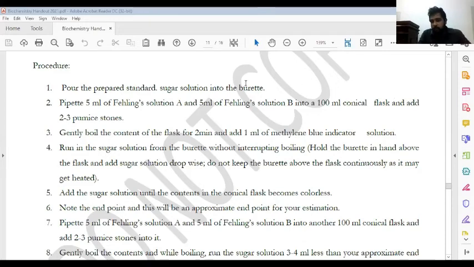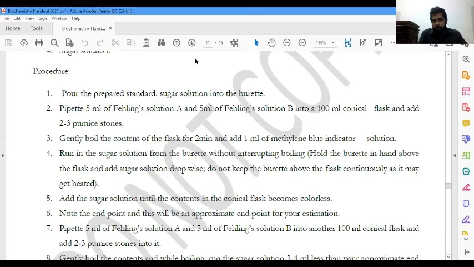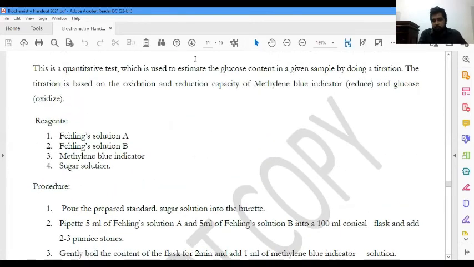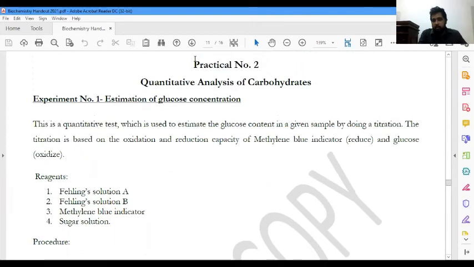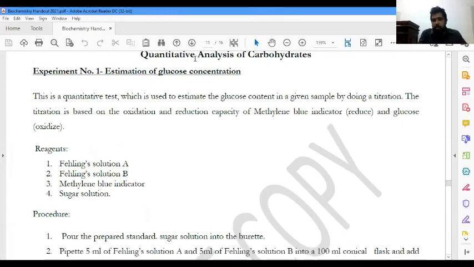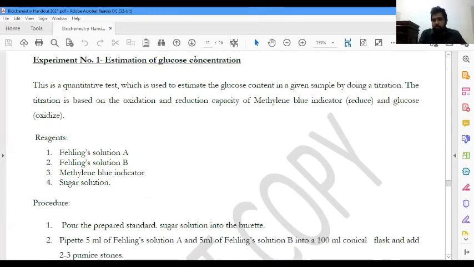Here, we assume that the only reducing sugar in the sample is glucose, but it can't be. There are other types of reducing sugars. You know that all monosaccharides and some disaccharides can act as reducing agents.